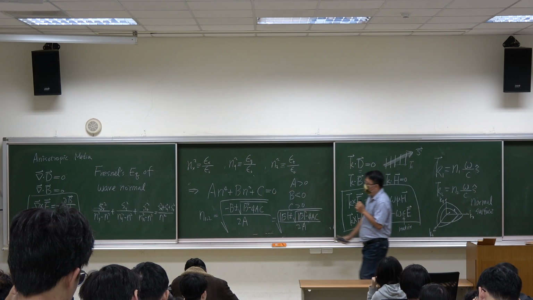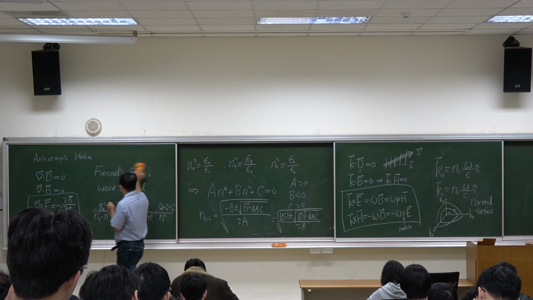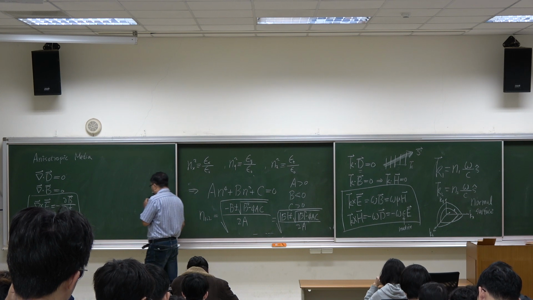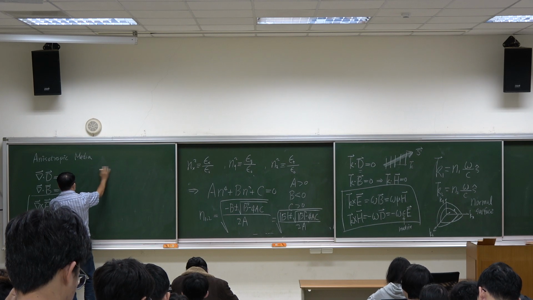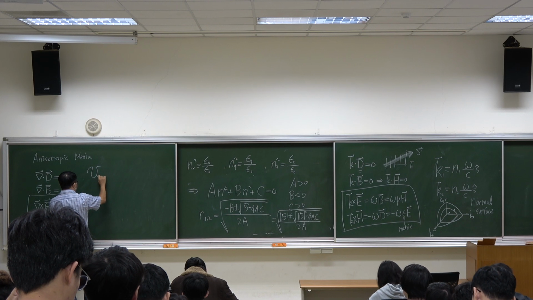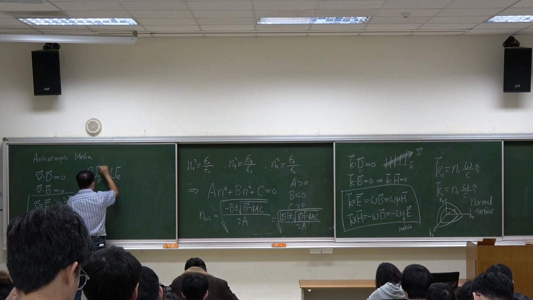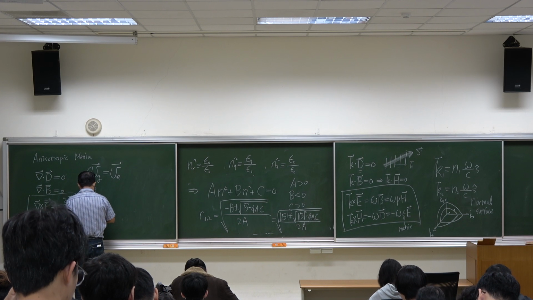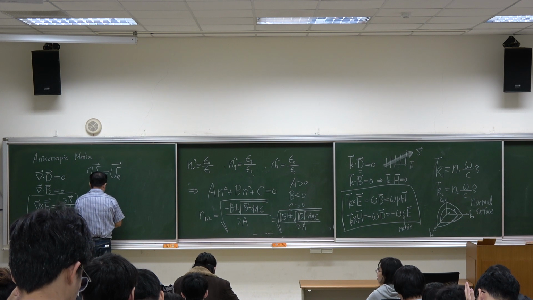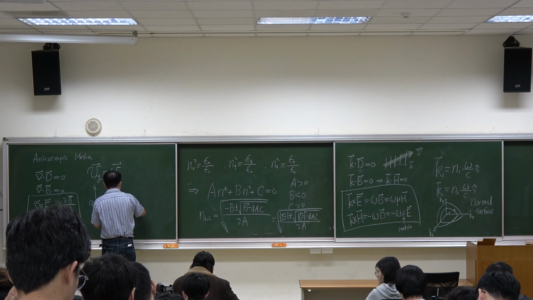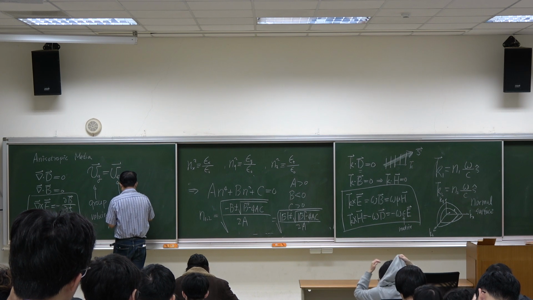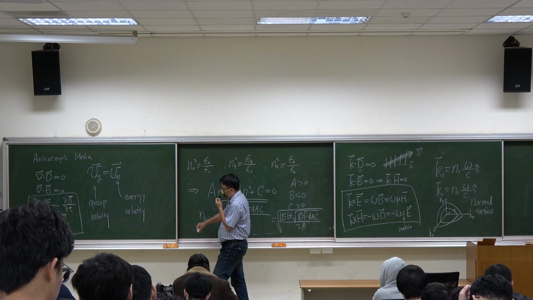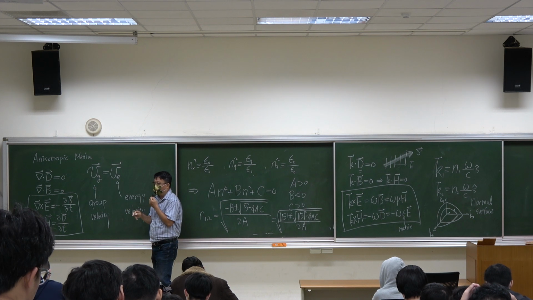Then we can use the normal surface to find the wave's group velocity or energy velocity.